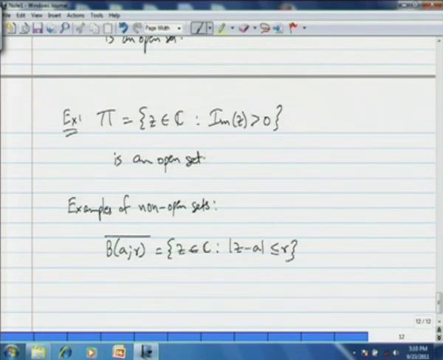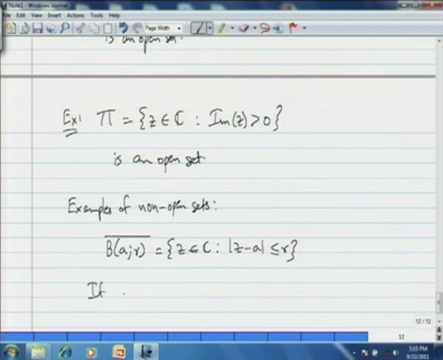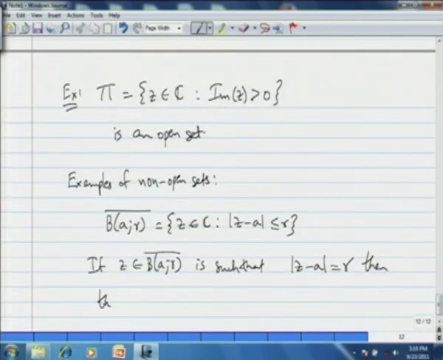Okay, so this is the set, and I claim that this is not an open set. Because if z belongs to B A r bar, such that the modulus of z minus a is equal to r, then there is no B z delta contained in it.